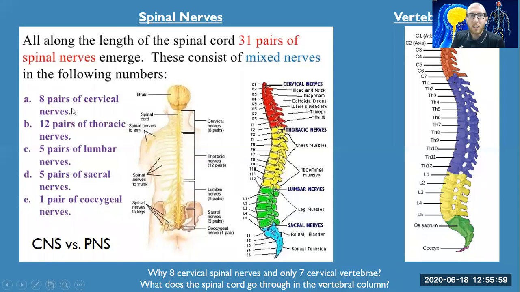Continuing on, we can see the spinal nerves as they travel down the spinal cord. One of the main parts of the nervous system is the spinal cord branching from the bottom of the brain stem. As you go down each level, you've got branches of spinal nerves going to the left and right sides of the body.